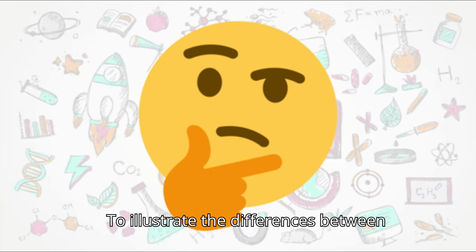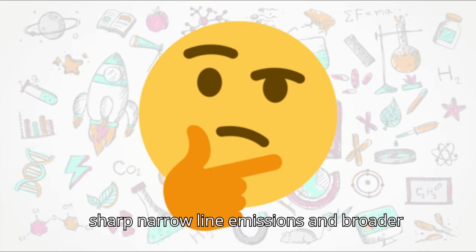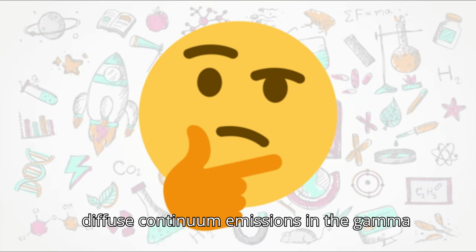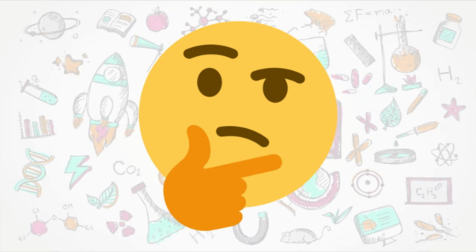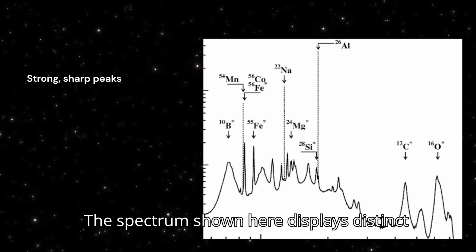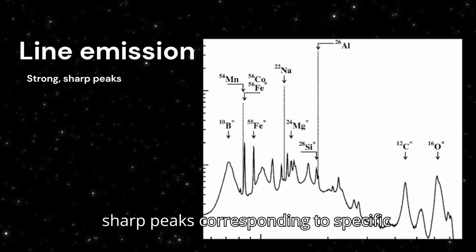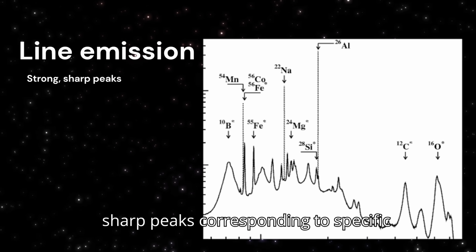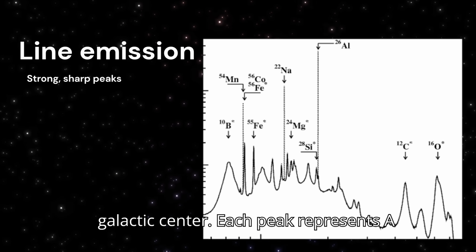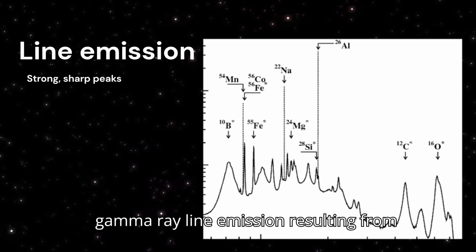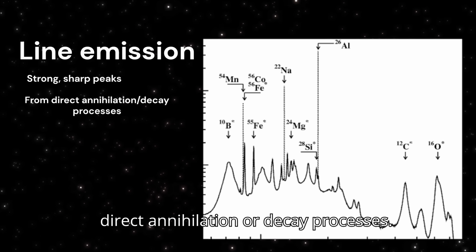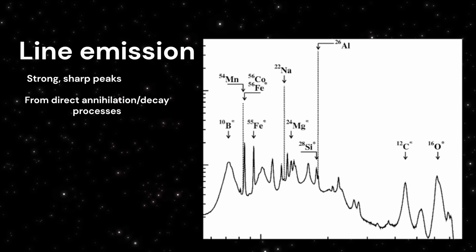To illustrate the differences between sharp, narrow line emissions and broader, diffuse continuum emissions in the gamma-ray spectra, consider the following examples. The spectrum shown here displays distinct sharp peaks corresponding to specific gamma-ray energies emitted from the galactic center. Each peak represents a gamma-ray line emission resulting from direct annihilation or decay processes.